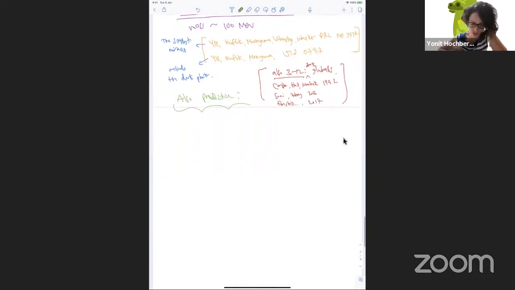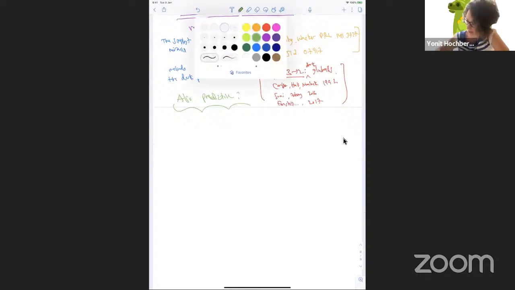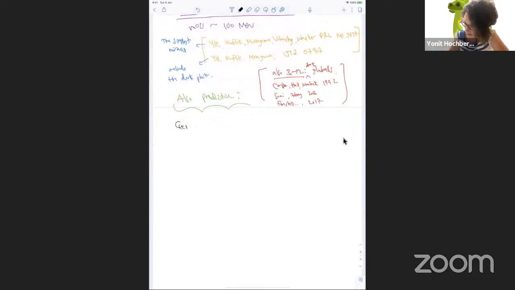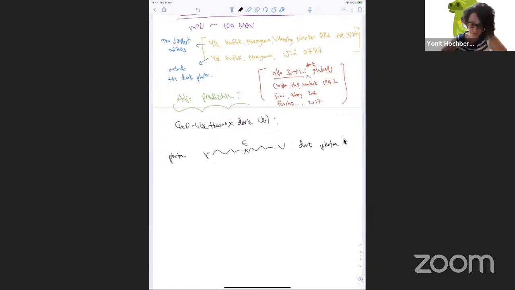We're going to stick to these QCD-like theories. So a QCD theory with the star Q1 cross the star Q1. And I remind you, we said that my photon now kinetically mixes into some dark photon. It's sitting over here, and this is my photon, and I have some coupling epsilon between them.